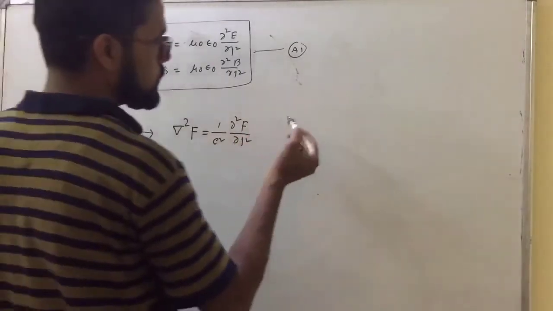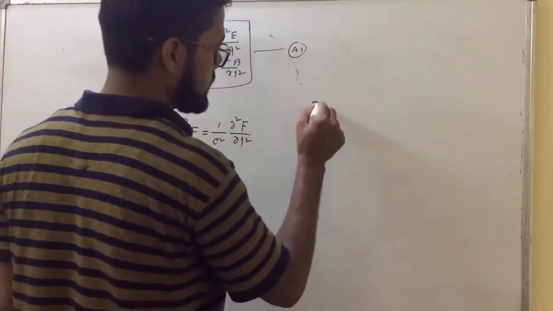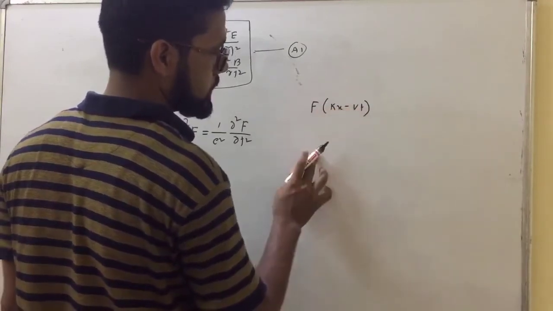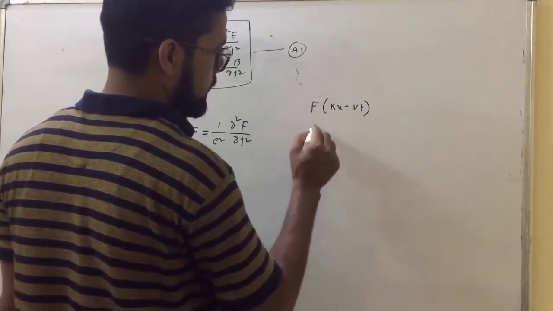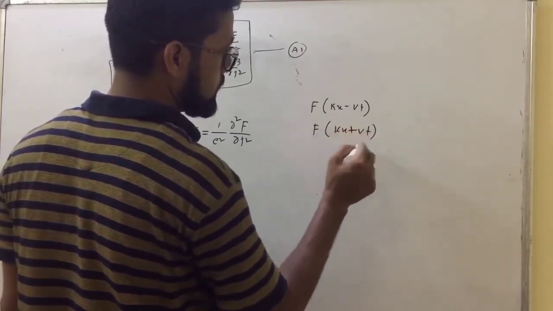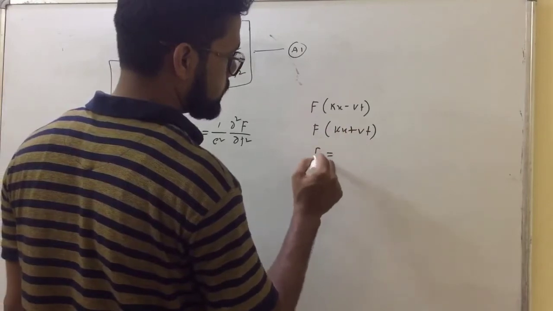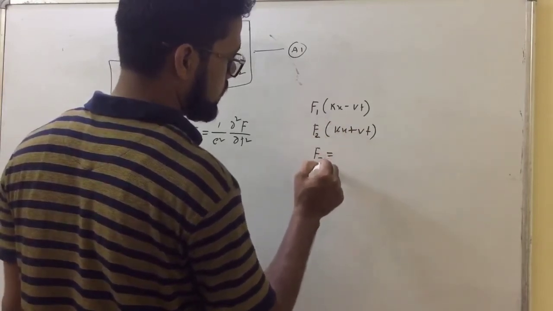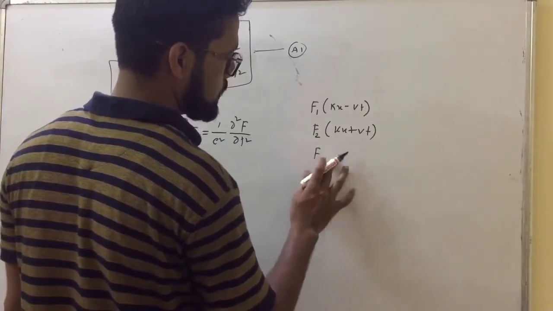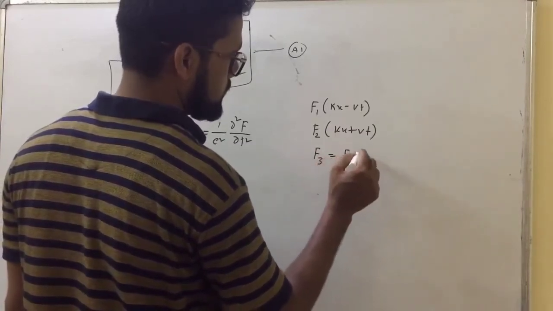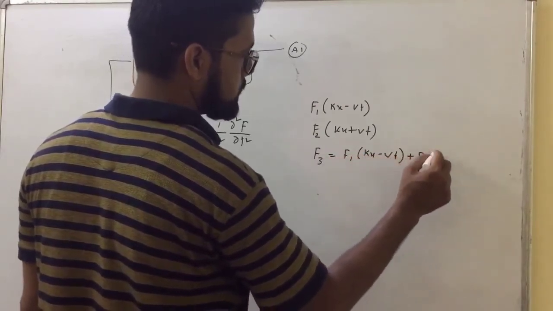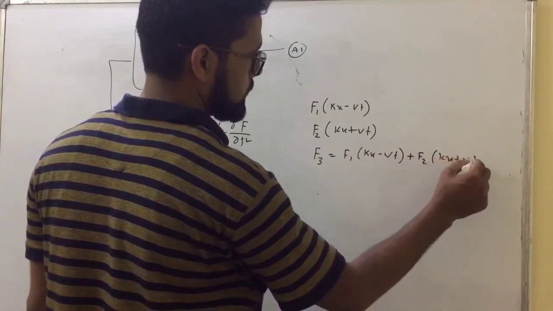For the general solution, I will take F equal to F of Kx minus omega t as one solution, and F of Kx plus omega t as another solution, and the third solution is F equal to F1 of Kx minus omega t plus F2 of Kx plus omega t.